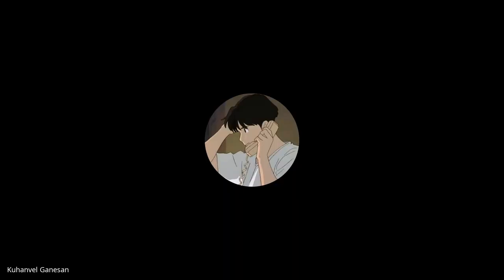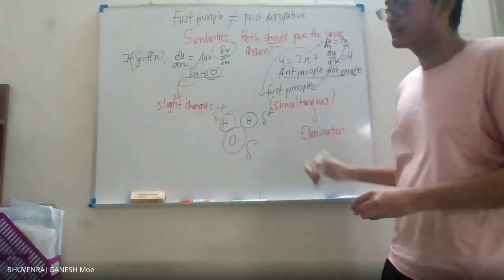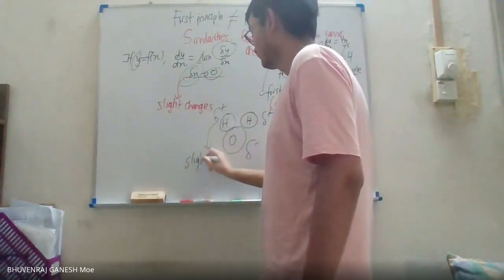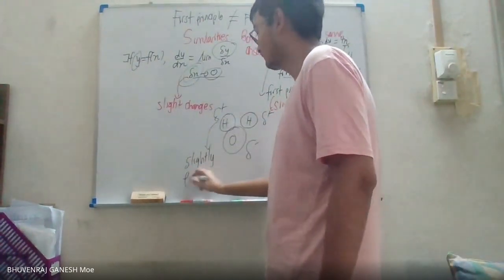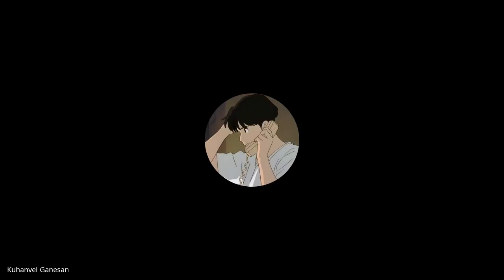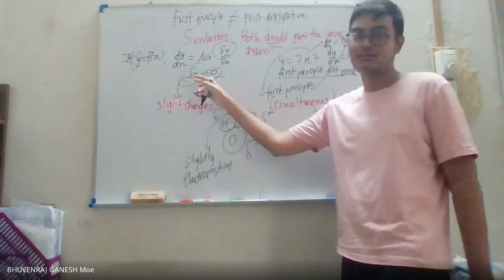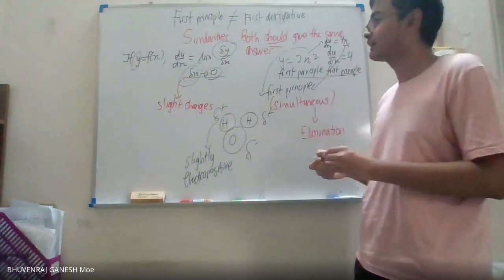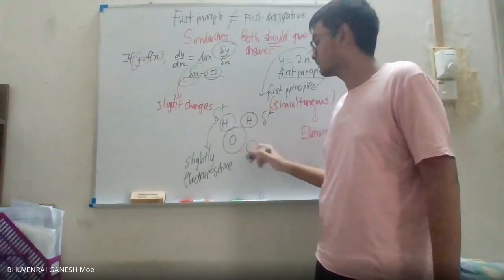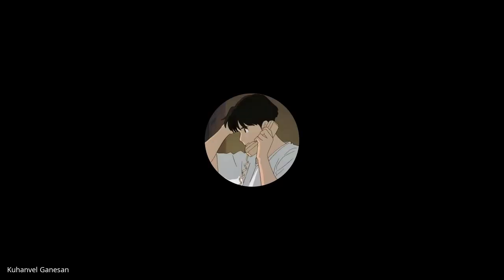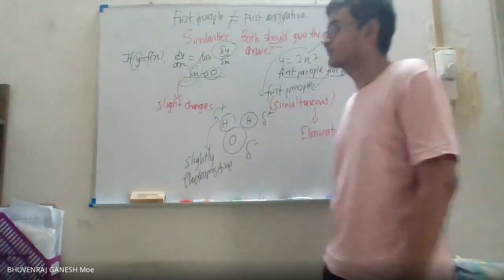The approximate means slightly. That's why we say approximate. Slightly positive, electropositive. So this is your backup, if you forget what the sign represents suddenly in the exam. So think about this water molecule. It explains slight changes in the x. Approximate or slight changes.